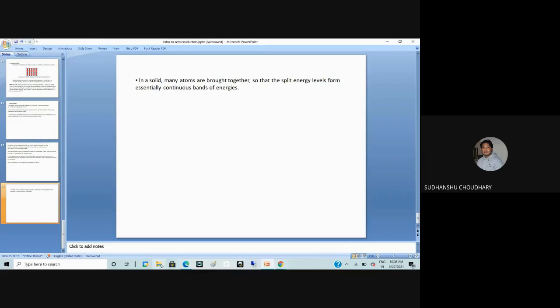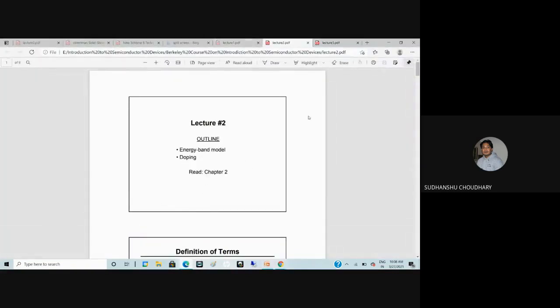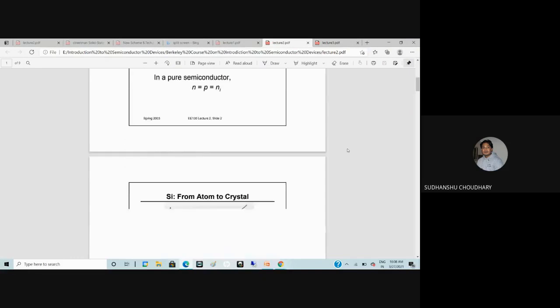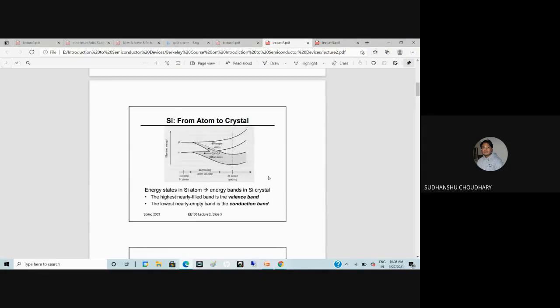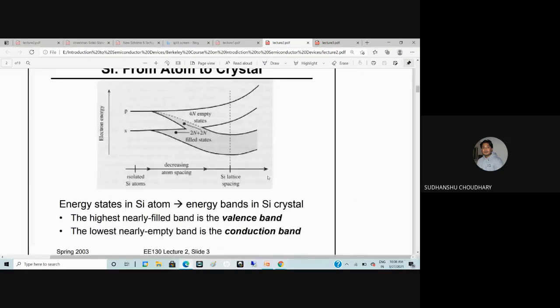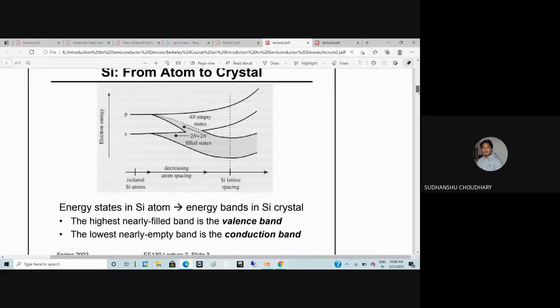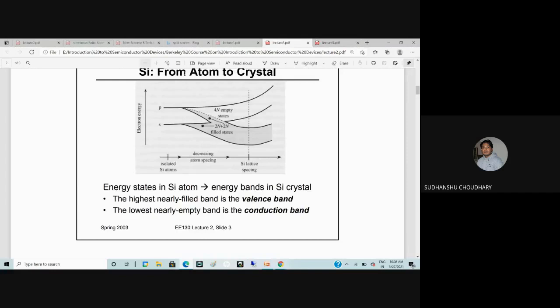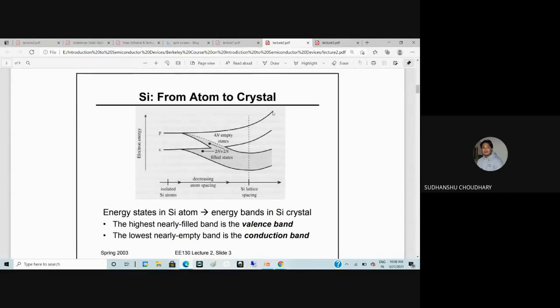I'll show you how the continuous band of energy looks. So now the split levels form continuous bands of energy. You will see that you have bands like this, right? So when atoms are brought together in a solid, you have continuous bands of energies.